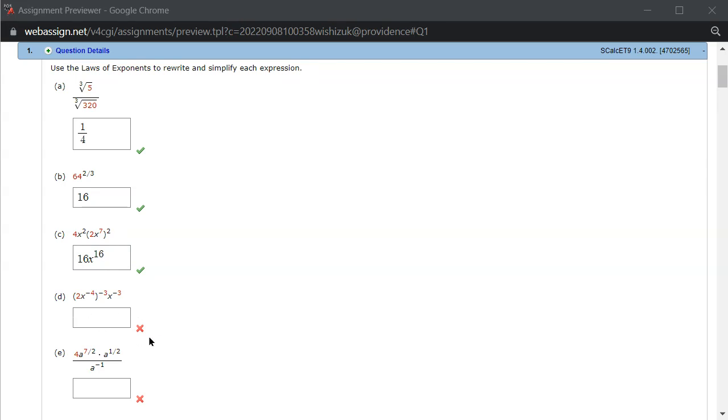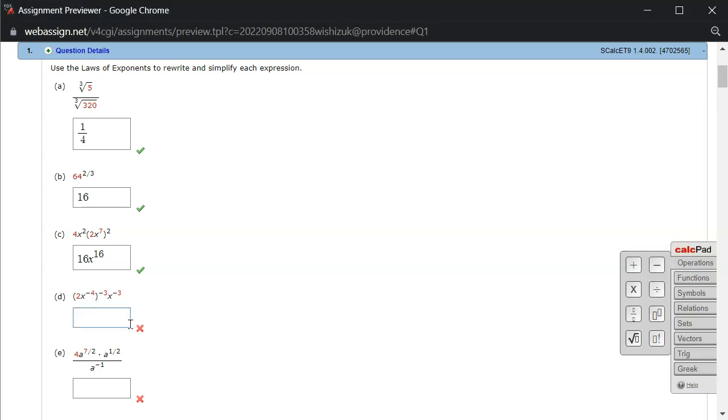Let's look at part D. This is very similar. I'm going to distribute the -3 to the 2. 2 to the -3 power: 2 cubed is 8, and a negative power is the reciprocal, so it's going to be 1 over 8. Then if you distribute the -3 power to x to the -4, we multiply the powers, so this is going to be x to the 12.